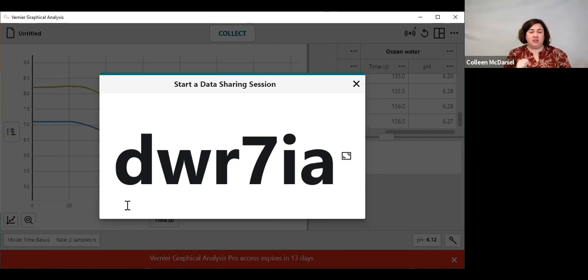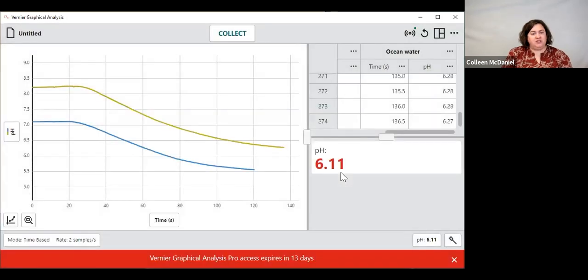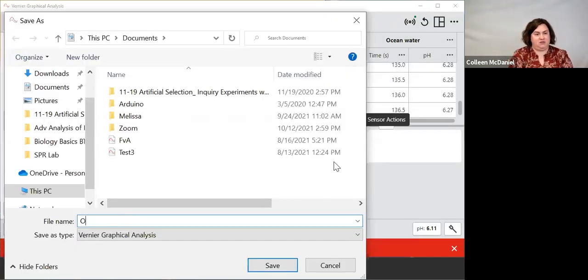And then this other code, which is what we actually are going to share the data over the internet with, is only good for the time period that I am actually sharing your data. So you want to write this down because I'm going to show you where you're going to enter it. Under new experiment, I'm going to save this.